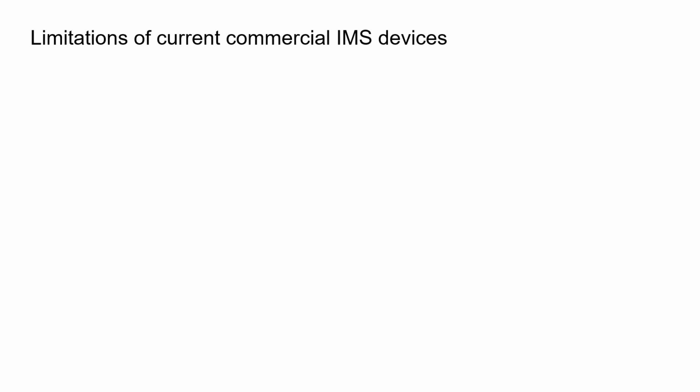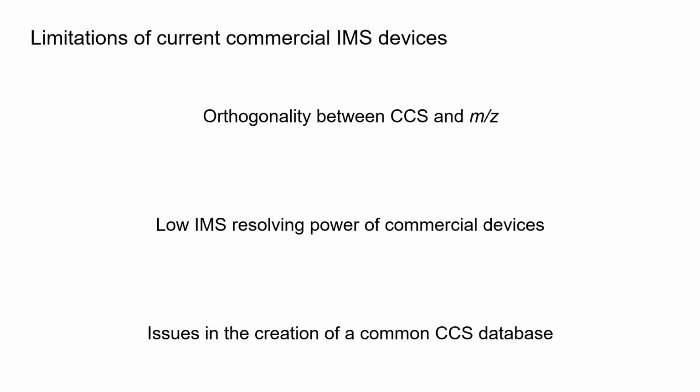And this is fundamentally due to three reasons: the low IMS resolving power, the questionable orthogonality of CCS with the mass to charge, and the fact that a common CCS database that is valid for traveling wave, drift tube, TIMS, and DMA is still not feasible if we want to keep the 2% CCS deviation as a maximum threshold, as we have seen before. I'm going to spend just a few words on each of these points.